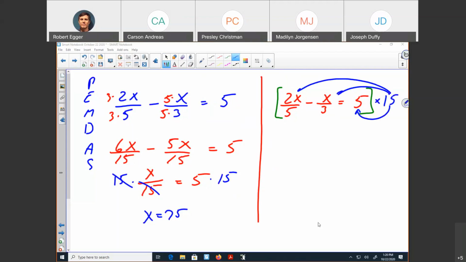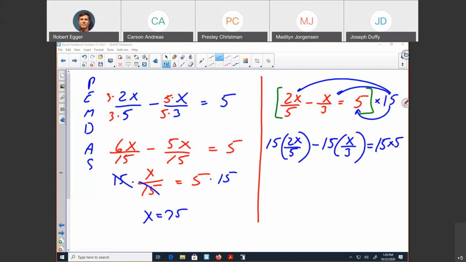So I do that. Well, let's see. If I multiply, and let's do it all by hand. So it'll be 15 times 2x over 5 minus 15x over 3 equals 15 times 5.